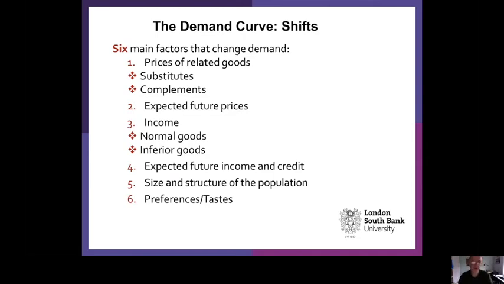Okay, they're almost certainly normal goods. So another thing that will cause the demand curve to shift to the right is an increase in income, assuming the good is normal. Okay, but there's an opposite case. Some goods are what's called inferior, and all that means is their demand goes down when income goes up.